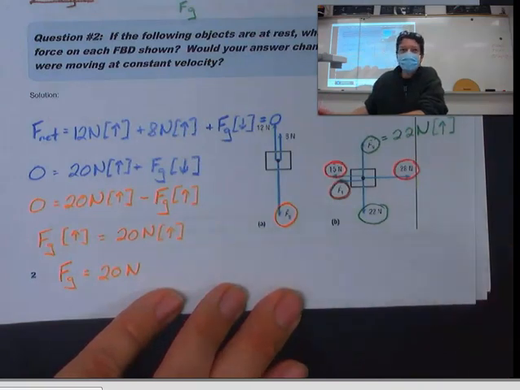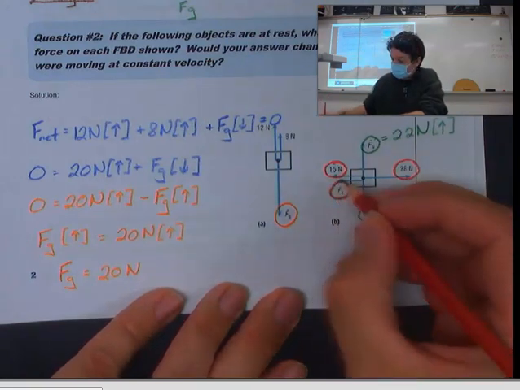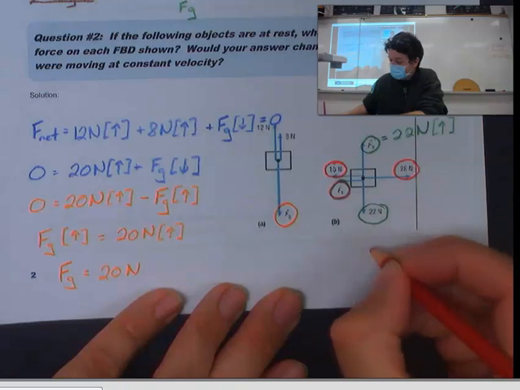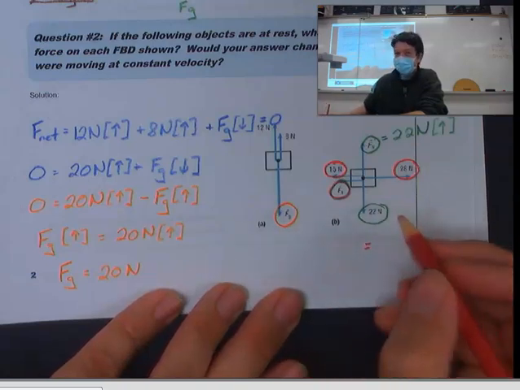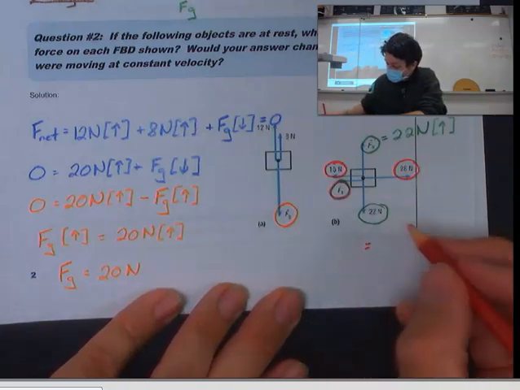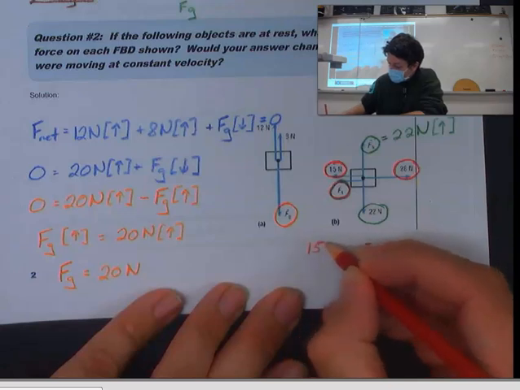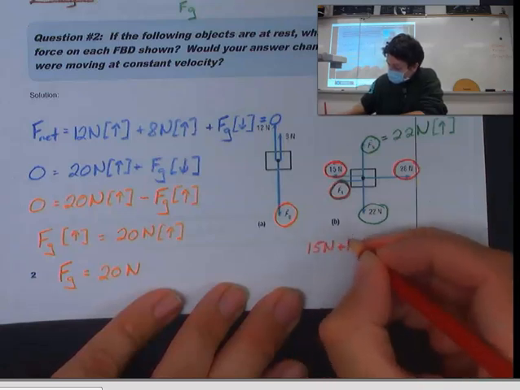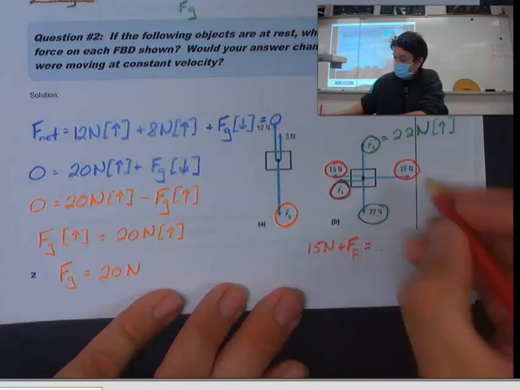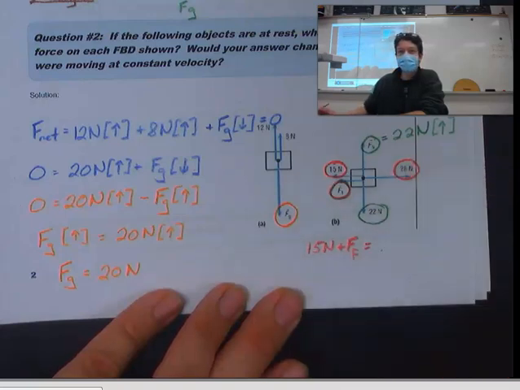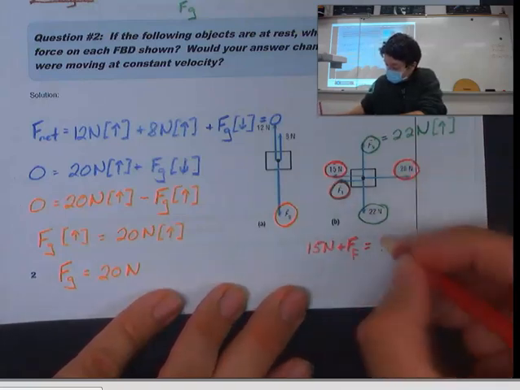I can write this down in a simpler equation. I can put all my left forces on the left side of the equation, just without any directions even. Say 15 newtons plus that frictional force must equal the magnitude that's being pushed on the right, which is 28 newtons.